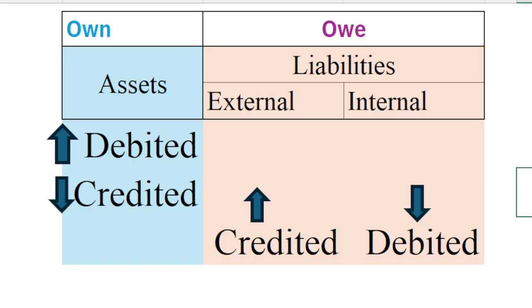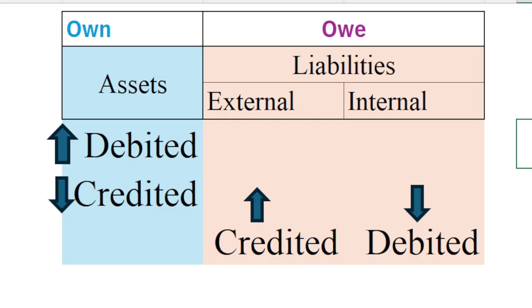Income and expense influence the profit, moving it upwards or downwards. Therefore, we debit the transactions of expense because it reduces the obligation. Income, we credit the transaction because it increases the obligation.